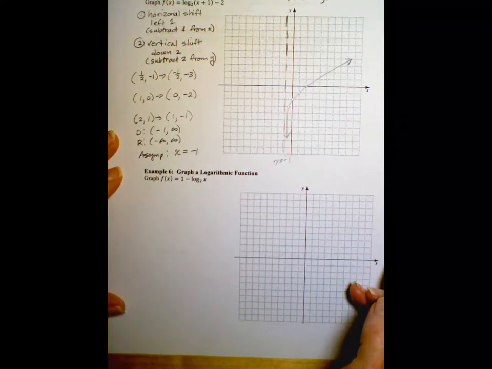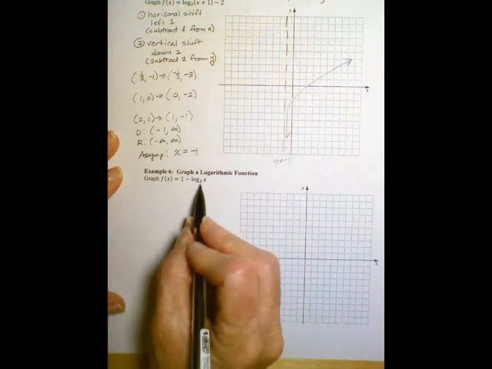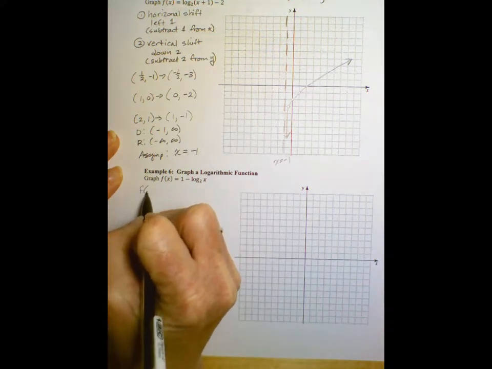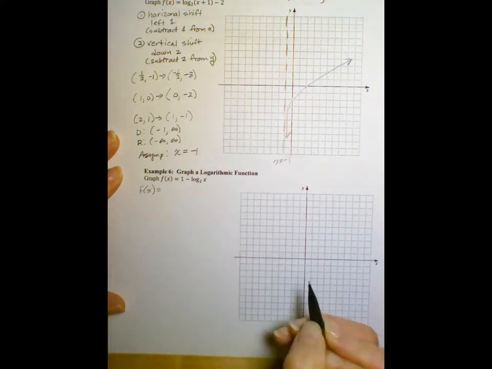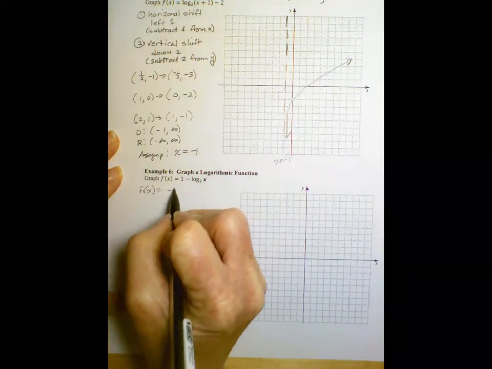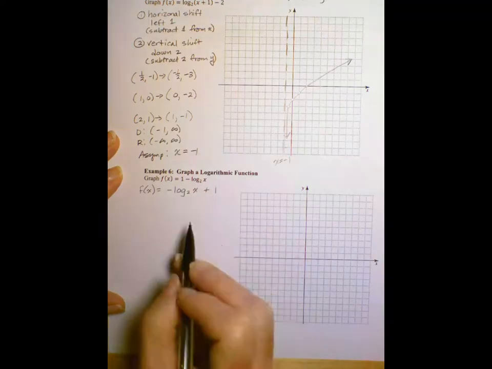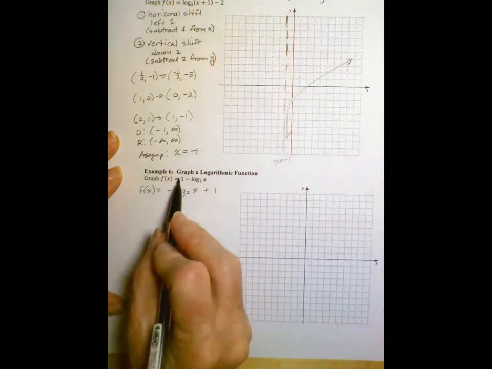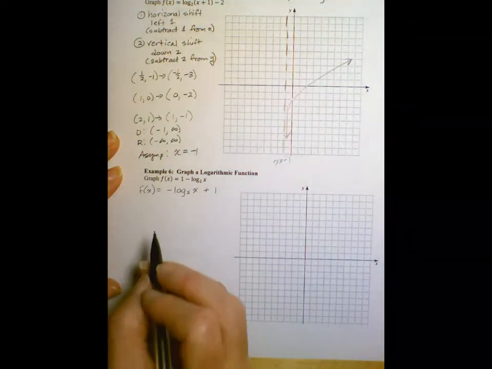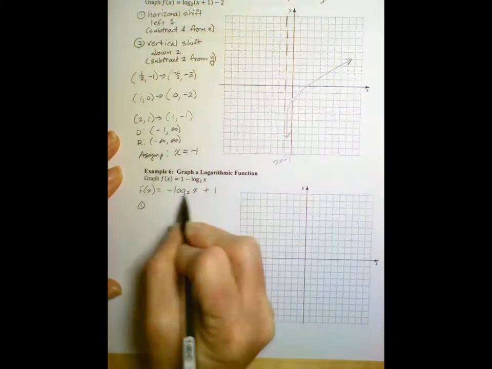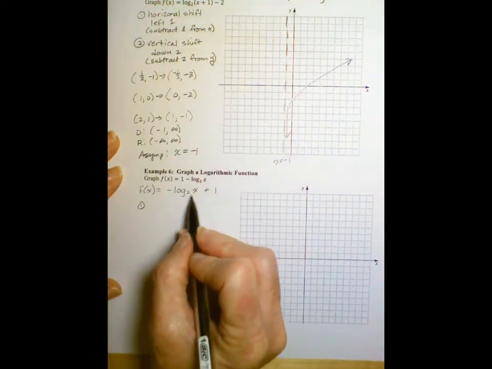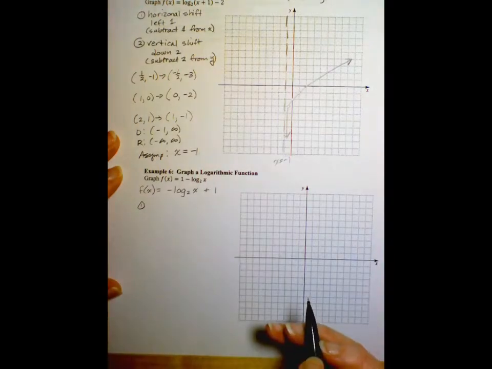Okay, let's look at example 6. Again, this is not quite in the format that we're used to for determining what transformations are taking place, so let's just switch the order of the terms, right? This term is negative, this one is positive. Now we can see both outside the function, because within the function the x is just the x, that hasn't changed.